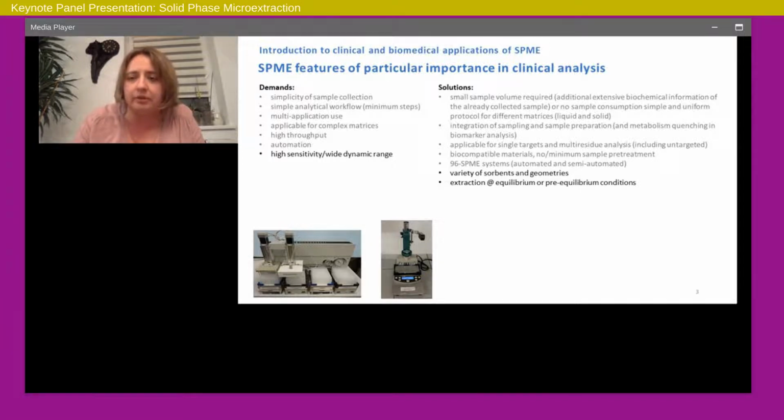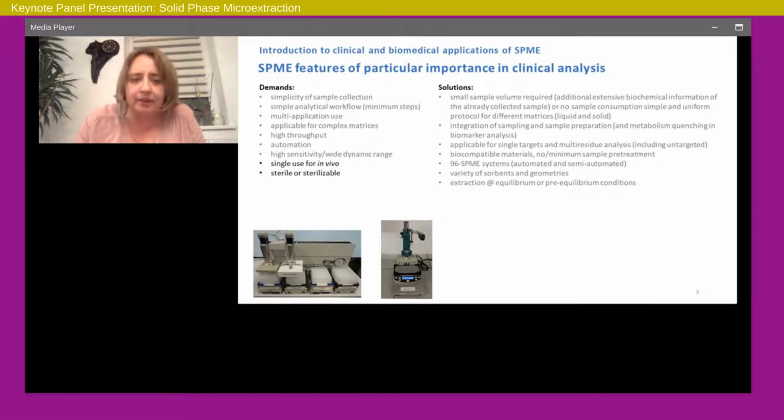We are dealing with low concentrations. And of course, we can also play with the time of our extraction. So we can work at equilibrium if we want to reach the highest possible sensitivity, or we can work at pre-equilibrium. Then we actually have a much shorter extraction time, but we sacrifice sensitivity.